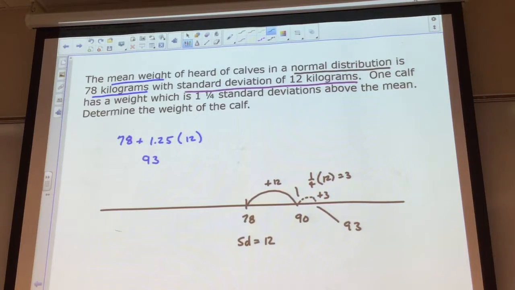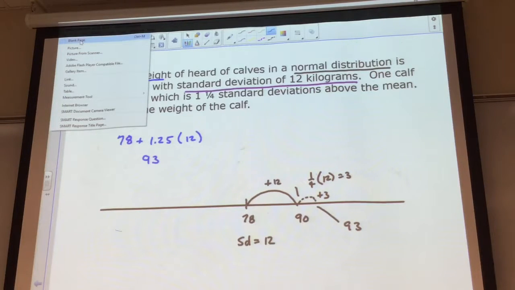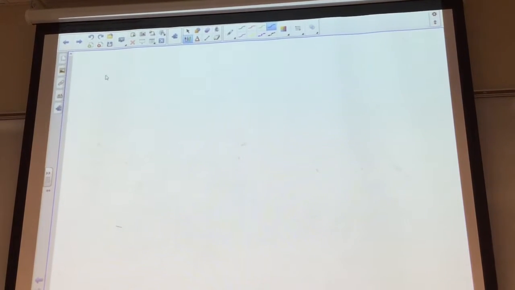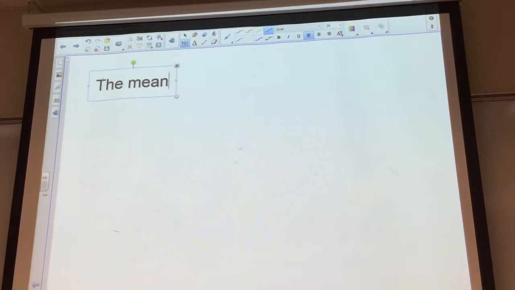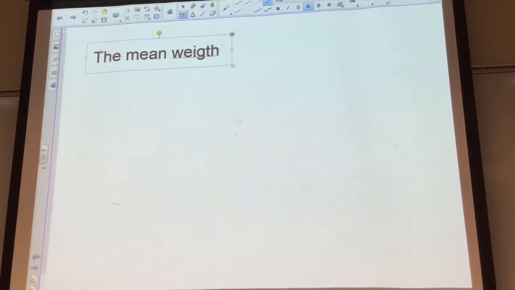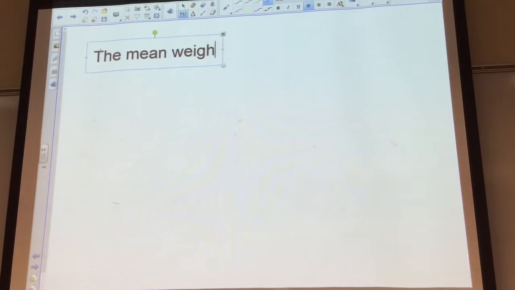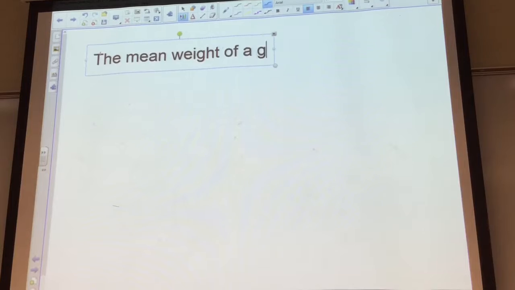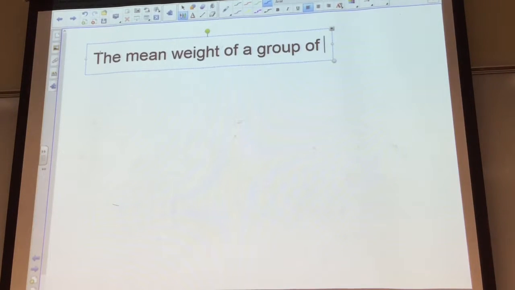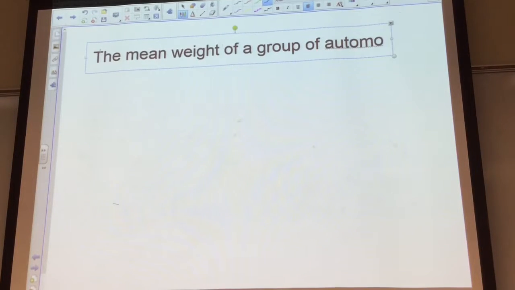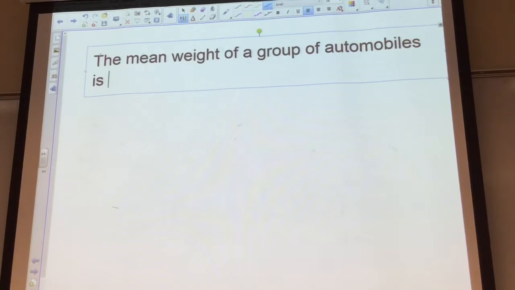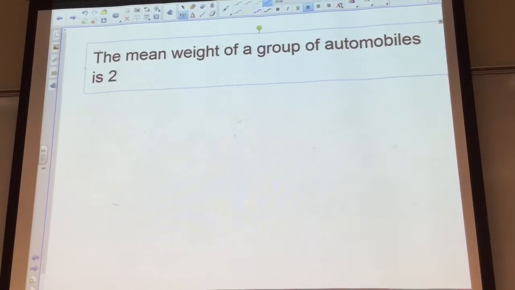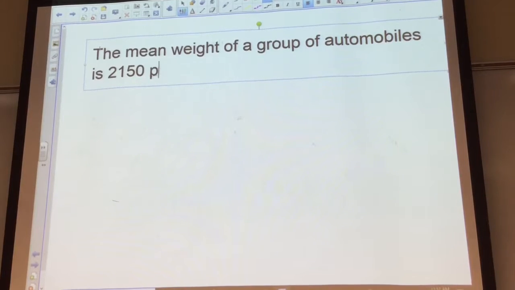The slide I forgot to put into here, so I want to insert a blank slide in the problem, and we'll build an exercise. The mean weights of a group of automobiles is 2,150 pounds.